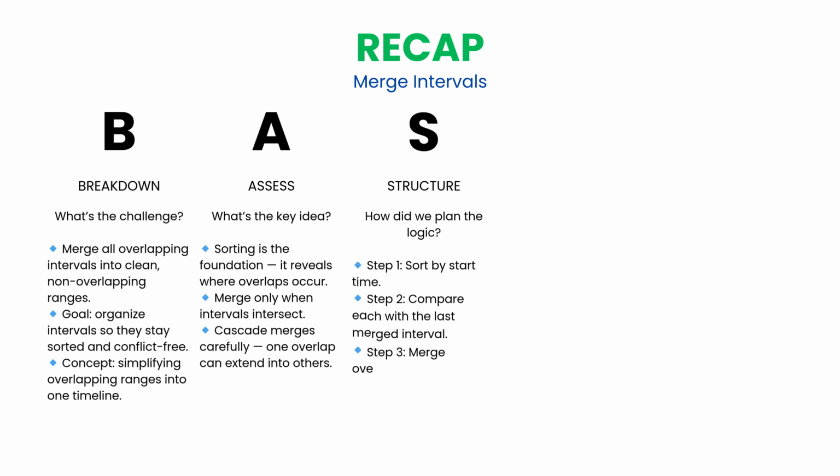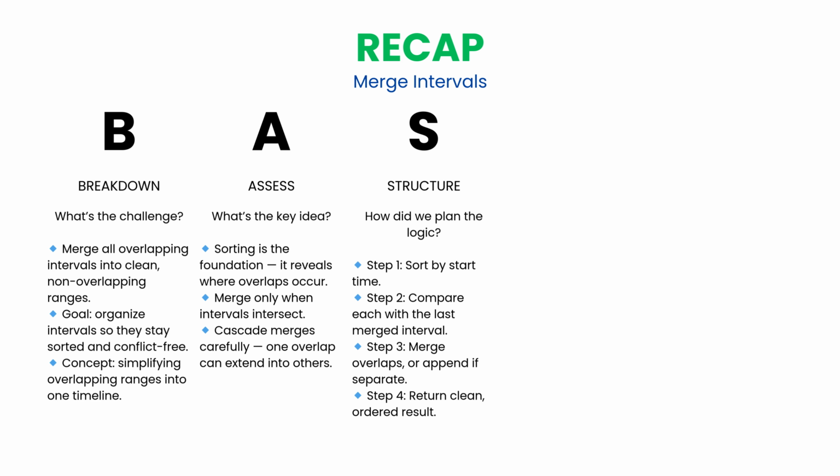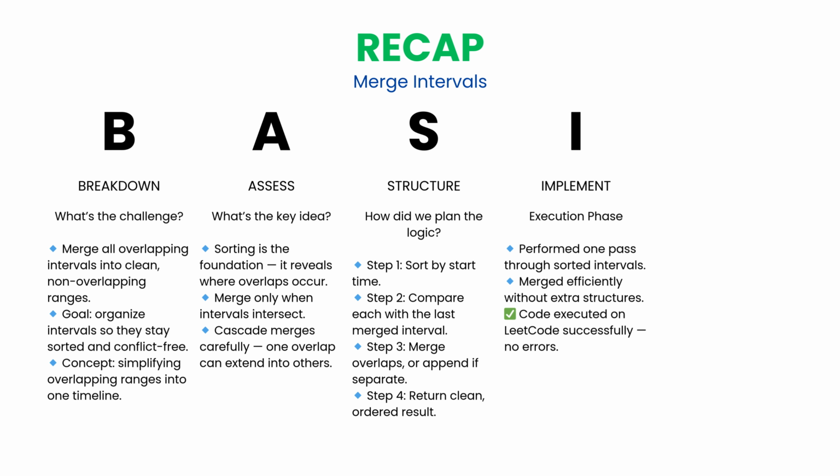Here's the plan. Sort intervals by their start value. Initialize the result with the first interval. For each new interval, check if it overlaps with the last in the result. If yes, merge by extending the endpoint. If no, simply append it to the result. After one pass, you've got your merged list, sorted and clean. We followed that plan: sorted the intervals, merged overlaps in a single pass, and built the final result step by step.